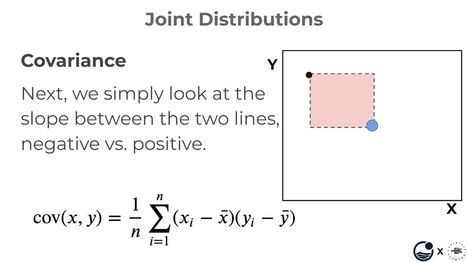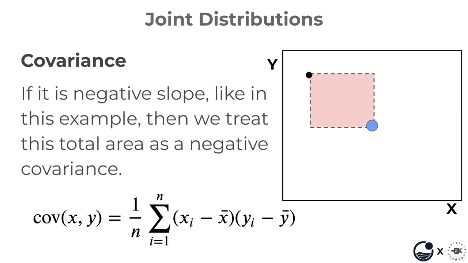And this is going to be the same as the slope between the 2 points. So notice how this is a negative slope, meaning if you were to actually perform this mathematical operation, you're going to have a negative value. So we can kind of treat this area as a negative area for covariance. So if it's a negative slope, like in this example, we can treat this total area as negative covariance.